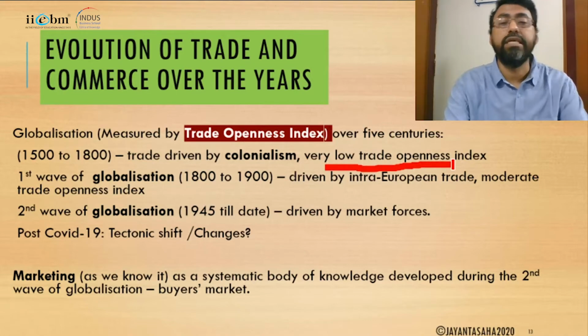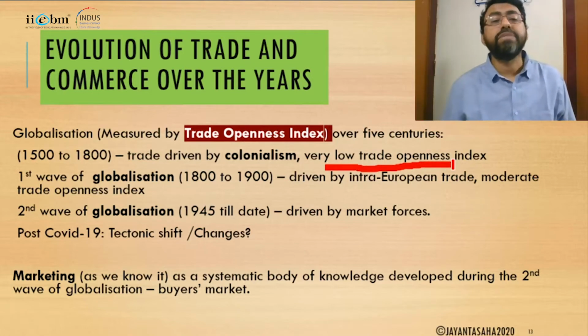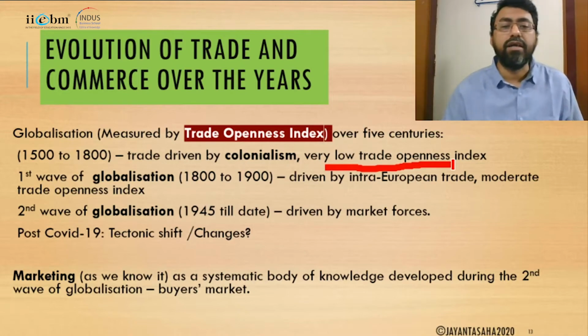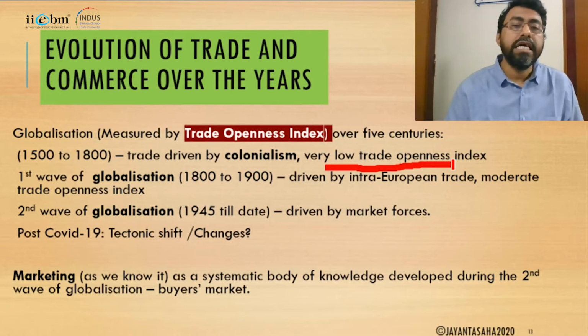What does it basically mean? It means that most of the trade that used to happen was one-way trade. It did not benefit other countries. So essentially, it was intra-European trade, or within the country trade.